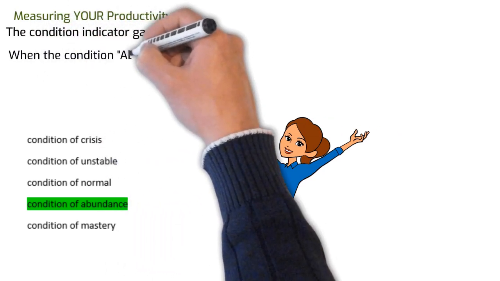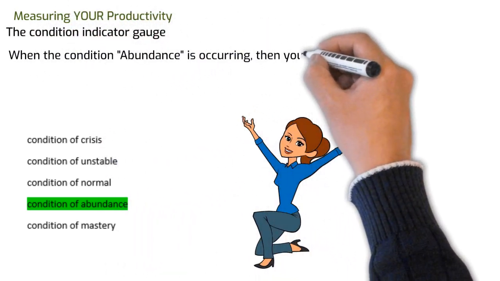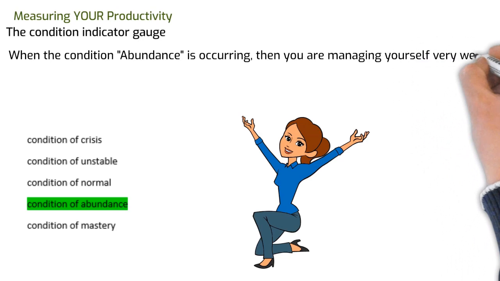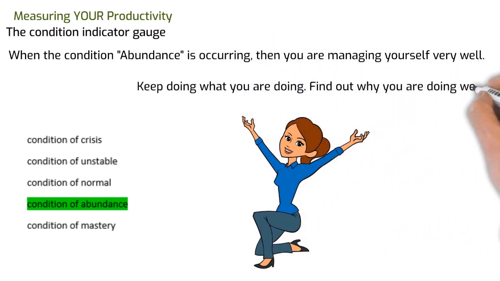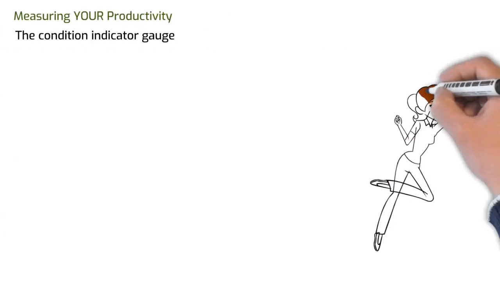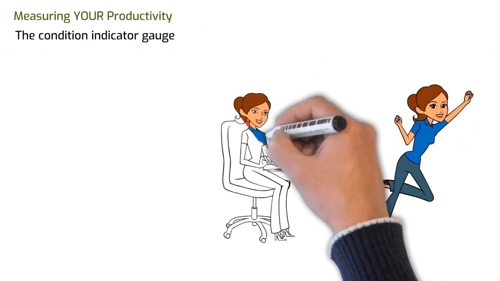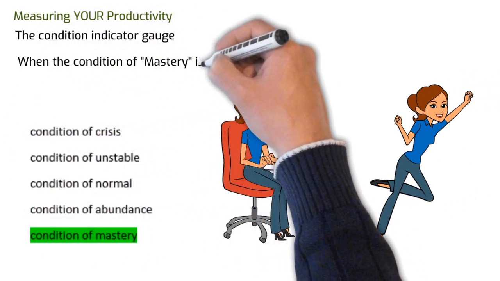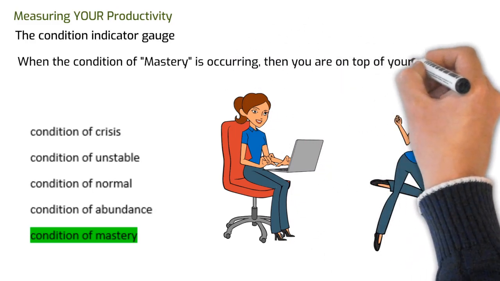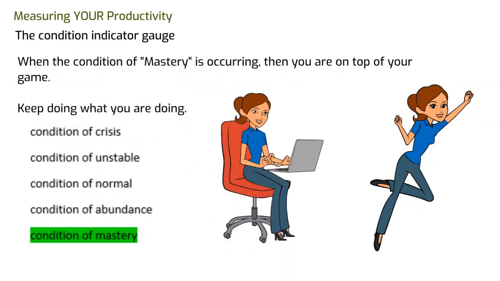When the condition abundance is occurring, then you are managing yourself very well. Keep doing what you are doing. Find out why you are doing well. When the condition of mastery is occurring, then you are on top of your game. Keep doing what you are doing.